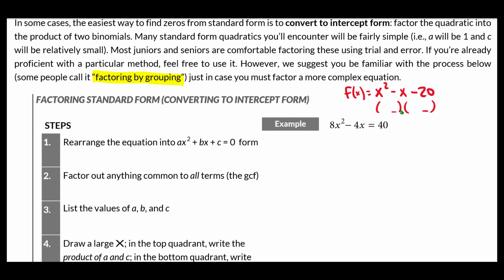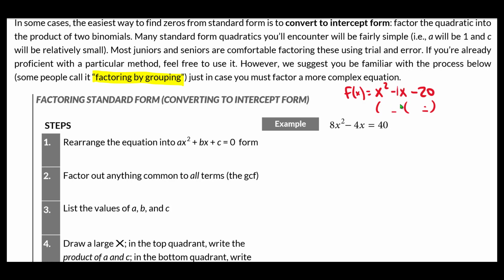We're going to talk about foiling later, although again, most people should be familiar with that term FOIL. If I want to get a negative 20, I need something like a 20 and a 1, or a 10 and a 2, or a 5 and a 4, but I also need those two values, when everything is all FOILed out, to produce this negative 1 in front of the x.